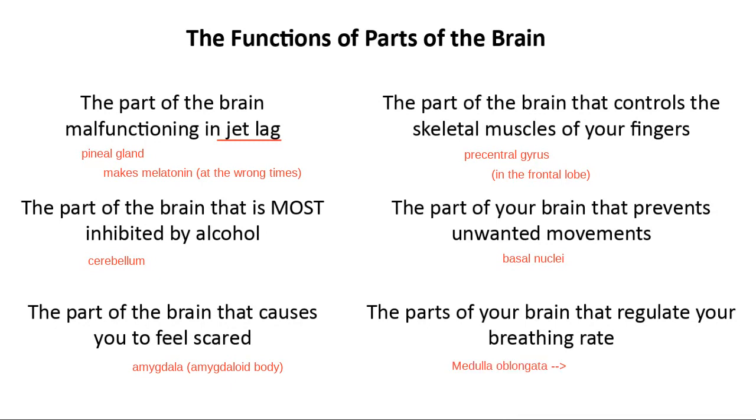And I'll mention with the medulla oblongata, we call it the medullary rhythmicity center. Helps us to set our breathing rate. And then we also have the pons. And the pons has something called the pontine respiratory center. Both of those help us to regulate the process of breathing.